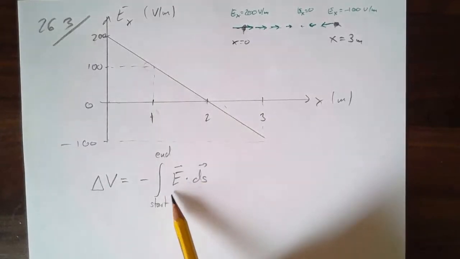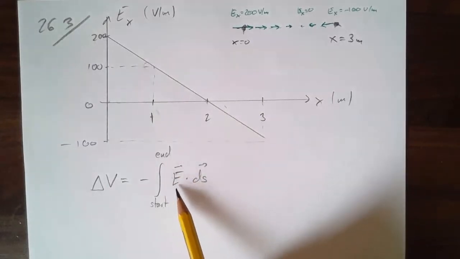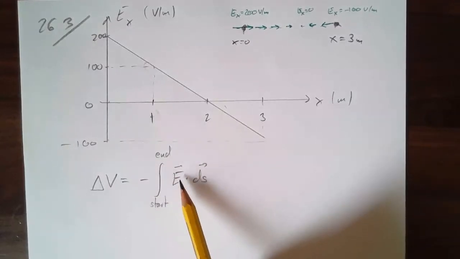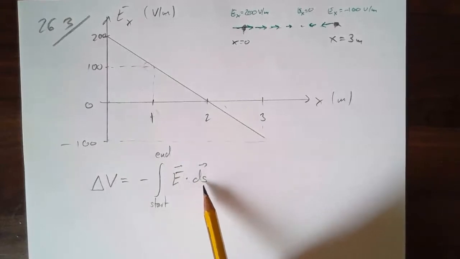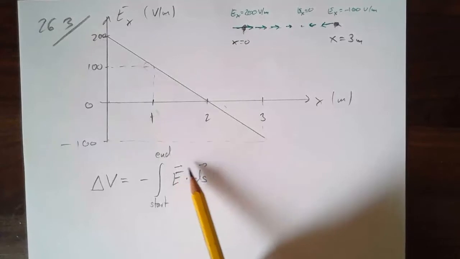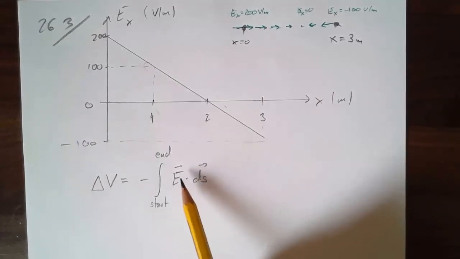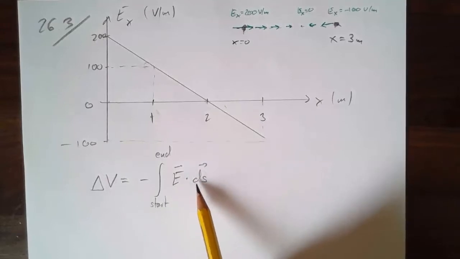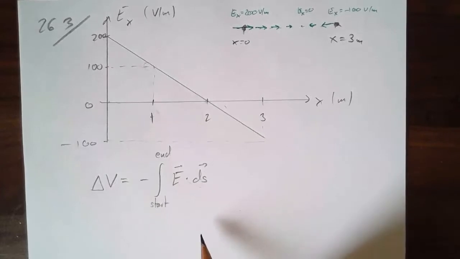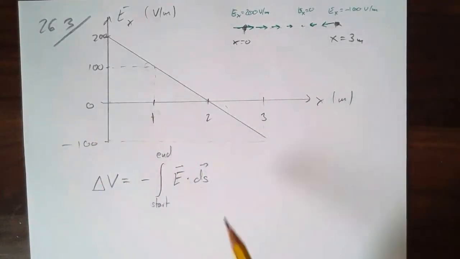So we take the rate of change of potential with distance, if you like, the slope of our potential, and just multiply it by our step size, taking into account that the direction might be up or down or at some angle, right? And so the dot product ensures we're taking the component of our step in the direction of the electric field.